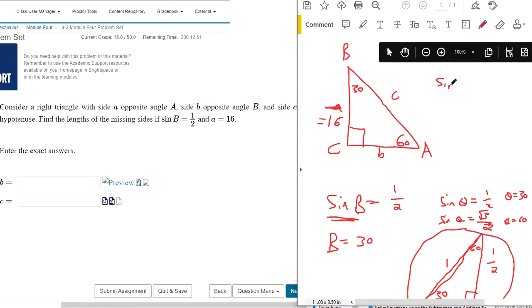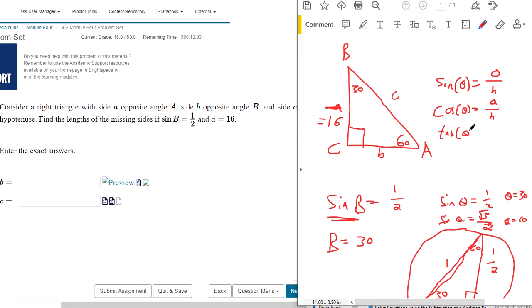Sine of an angle, we'll call the angle theta, is the opposite of the angle divided by the hypotenuse of the triangle. Cosine of an angle is the adjacent to the angle over the hypotenuse of the triangle. And tangent theta is the opposite of the angle divided by the adjacent of the angle.